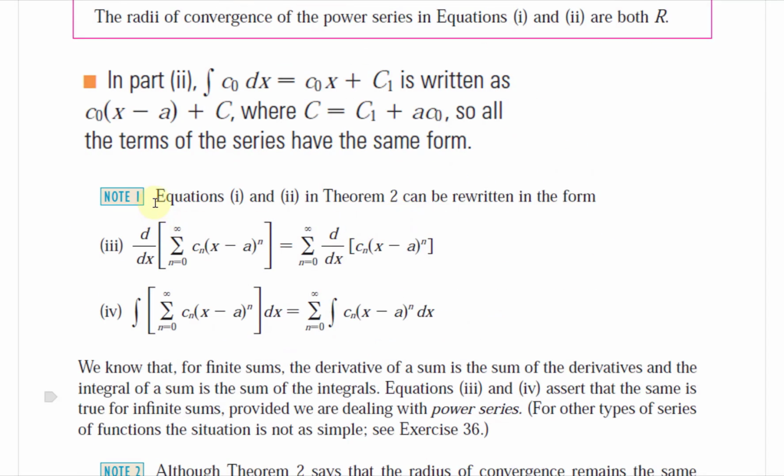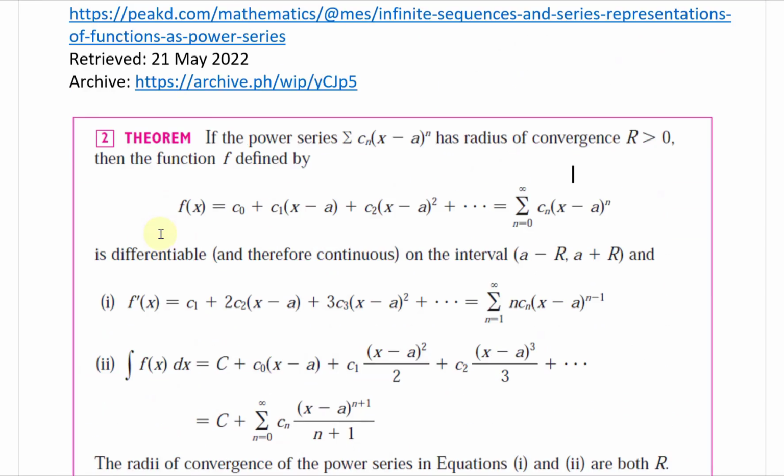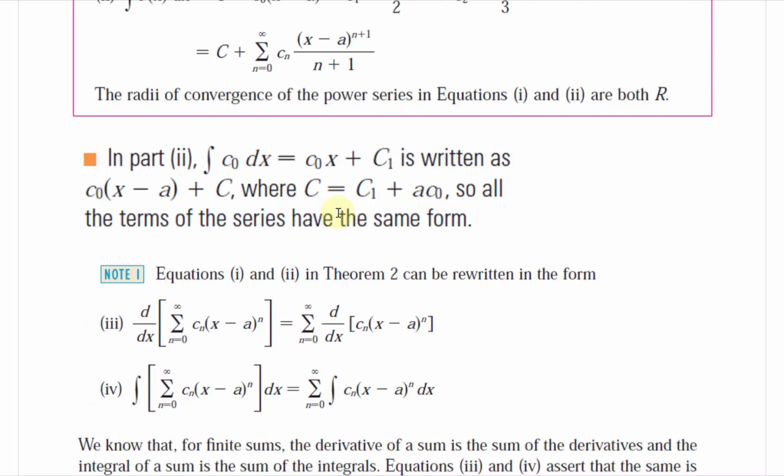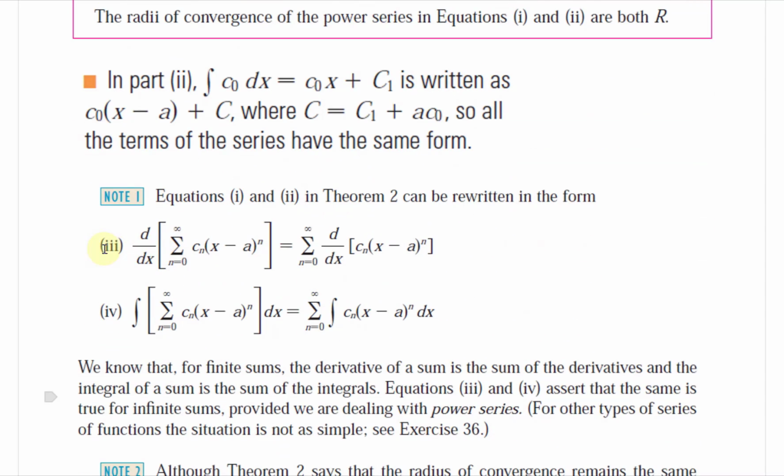So note 1: equations 1 and 2 in the theorem can be rewritten in this form, just so it's more straightforward as opposed to actually evaluating this integral. So you could write this as formula 3. The derivative d over dx of the power series, the summation from n equals 0 to infinity of cn times (x minus a) to the power of n, is equal to the summation of the derivatives inside.